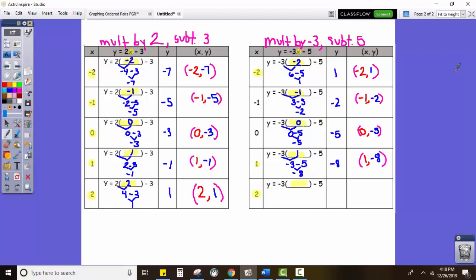And last one, plug in 2. So negative 3 times 2 is negative 6. Bring down the minus 5. Negative 6 minus 5 is negative 11. And then for my ordered pair, plug in 2, comma, I got out negative 11. So 2, comma, negative 11.